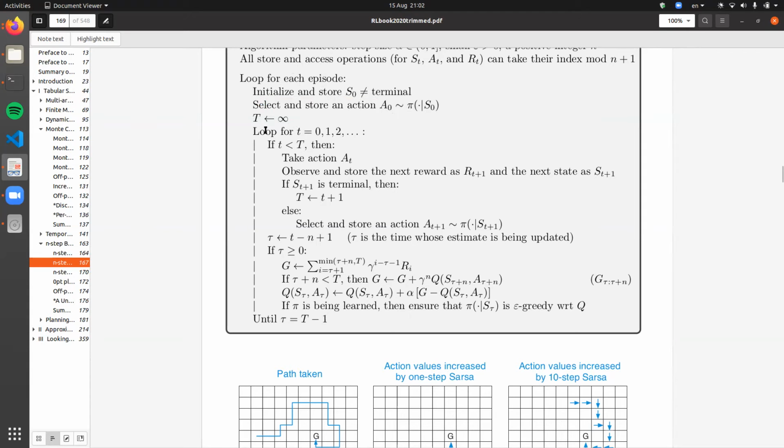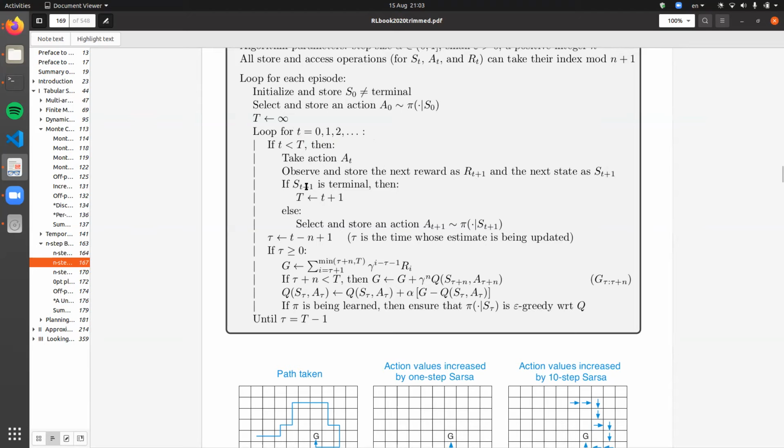Okay, then we do the following loop. Here we loop over the steps in the episode. What we do is we take an action and observe the reward and next state.